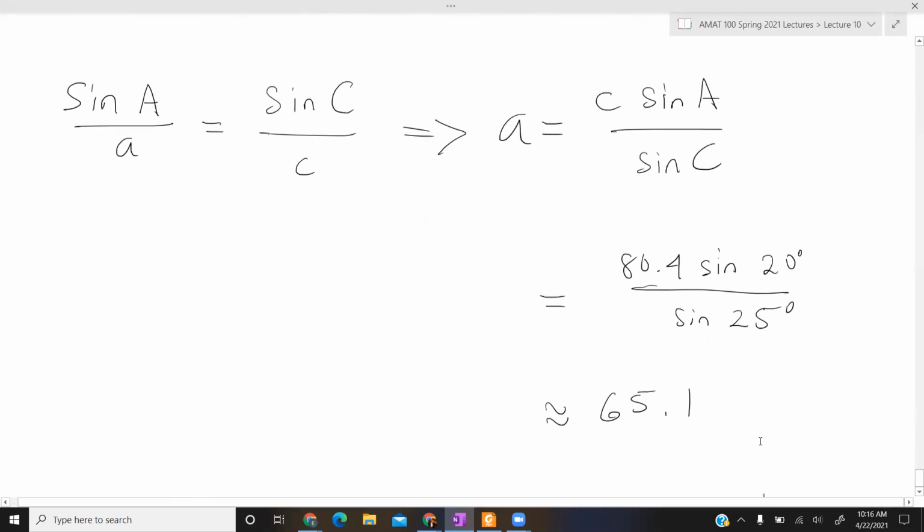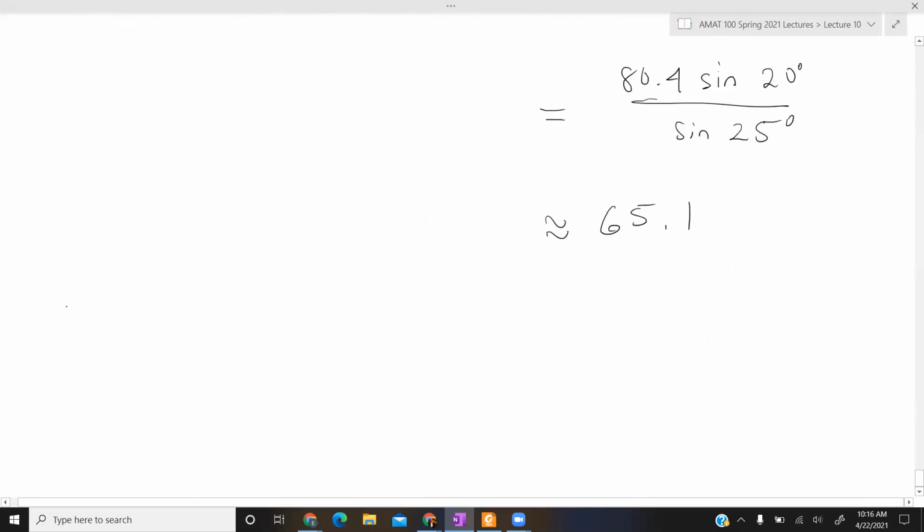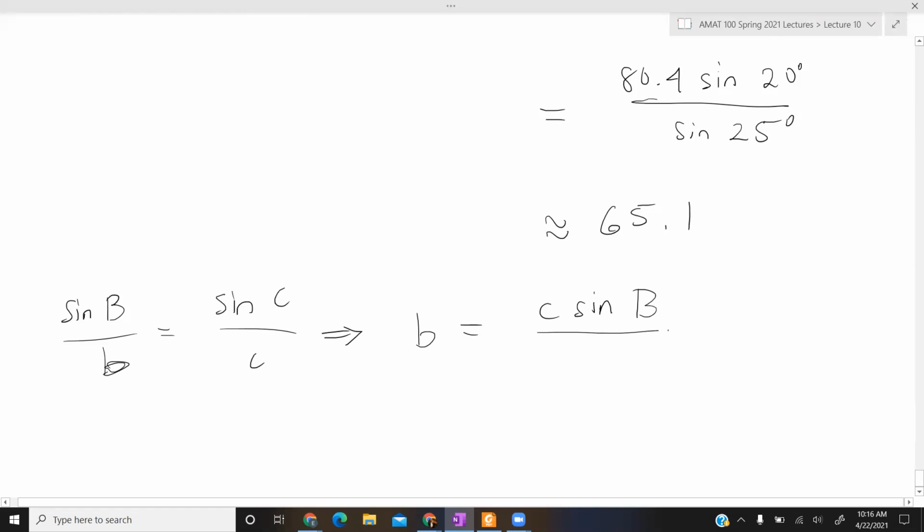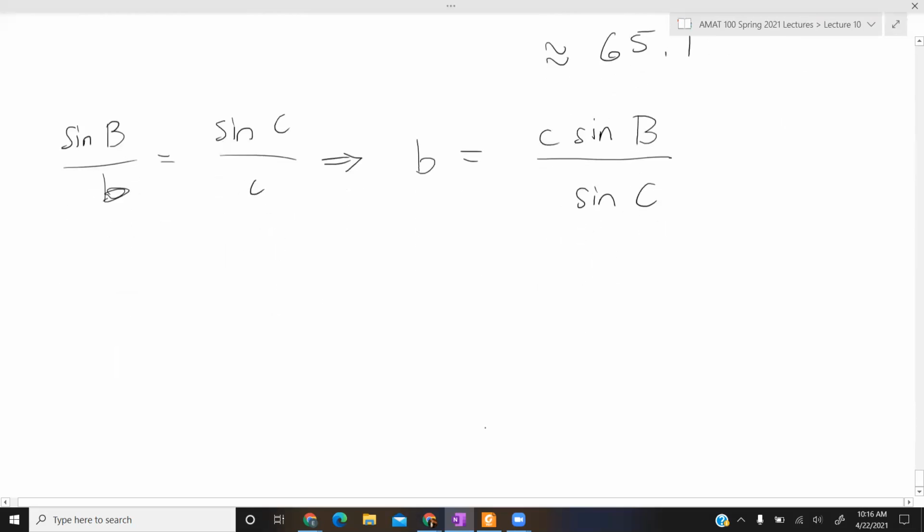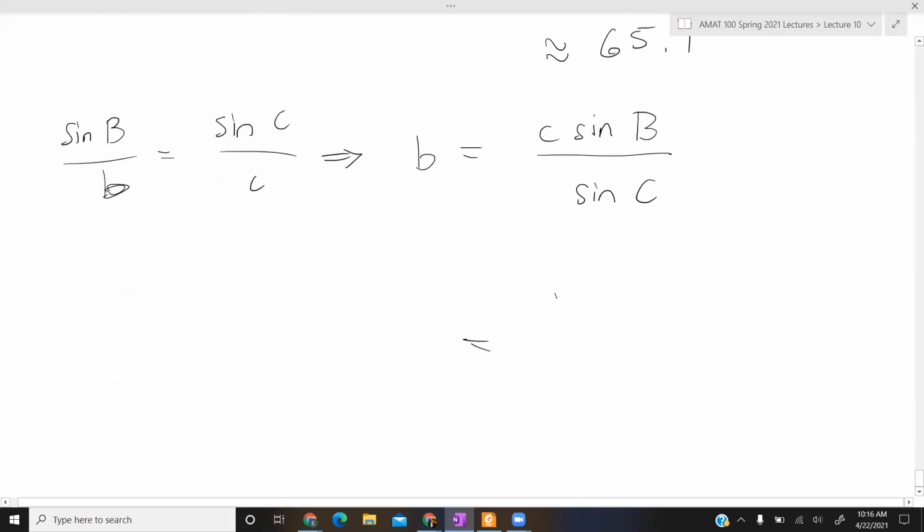So again, we use a similar equation. Sine of B over B, so the B's go together. It's a ratio of those B's in some sense. And then you get sine of C over C. We're looking for B, so we're going to solve for B. When you do that, you get C times sine of B over sine of C. I'll just plug the numbers in.